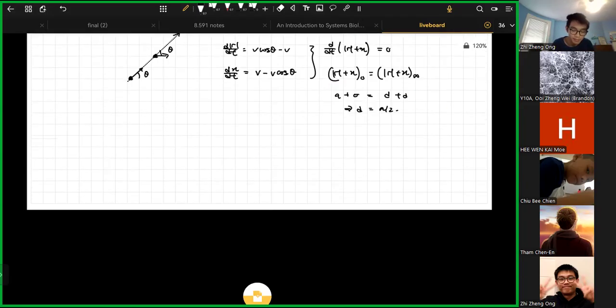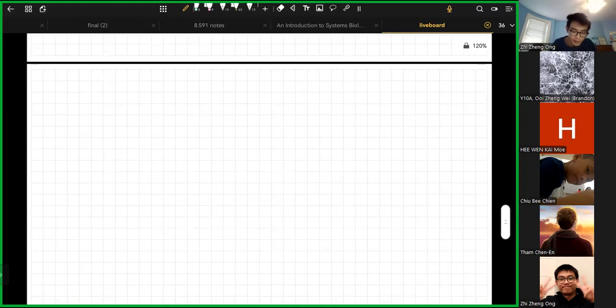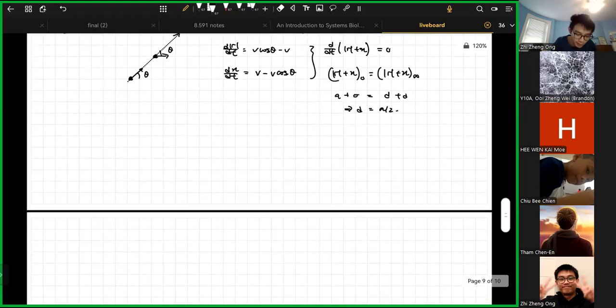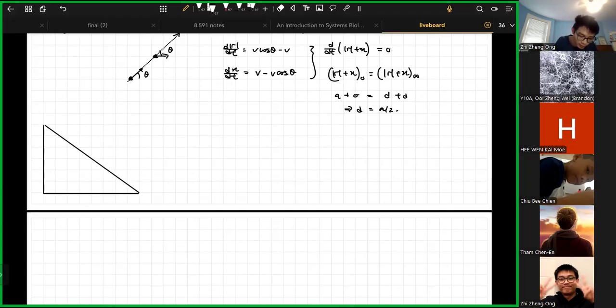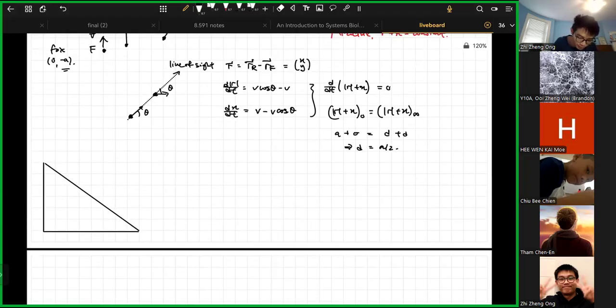What I mean by that is, if you have an inclined plane and you throw a projectile, and they ask you what's the range here?